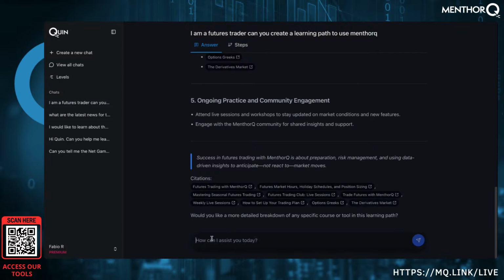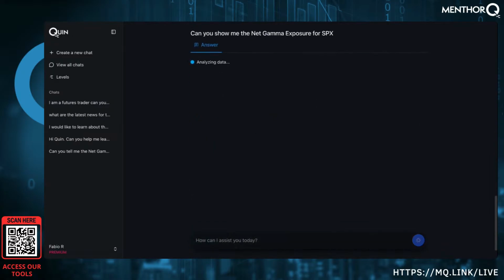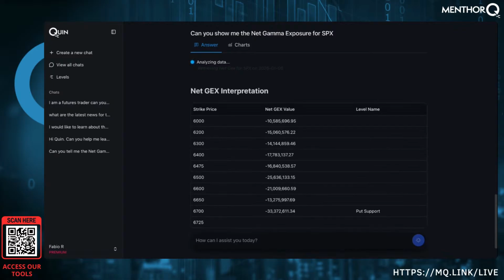The next step is looking at the data. If I trade ES, if I trade SPY, if I trade SPX, I can start asking those types of questions. Can you show me the net gamma exposure for SPX?